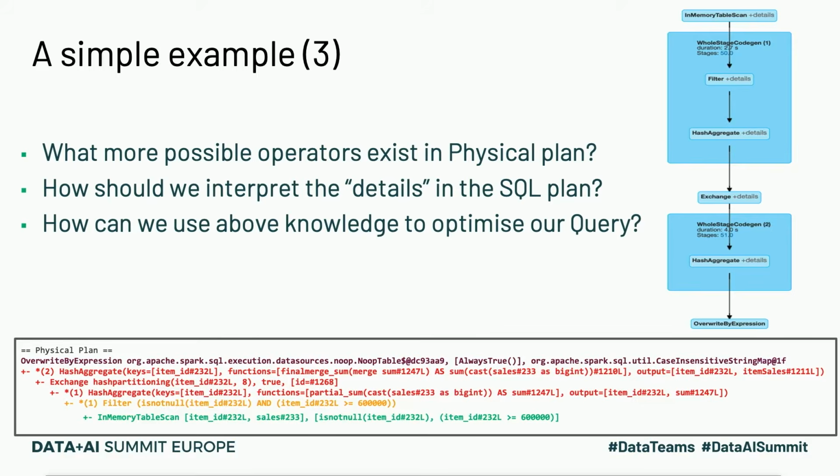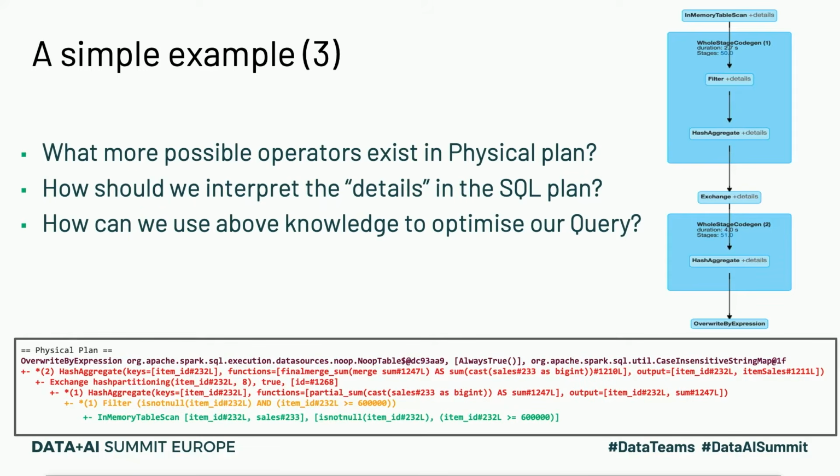What we now really want to cover in this presentation is what possible operators exist in this physical plan. We have now seen a filter and a hash aggregate, but what do these actually mean? And what more operators like these do we have? Next, we also have the details section within this plan that you can see on the right. The details convey all the Spark metrics that are a component of this physical plan.